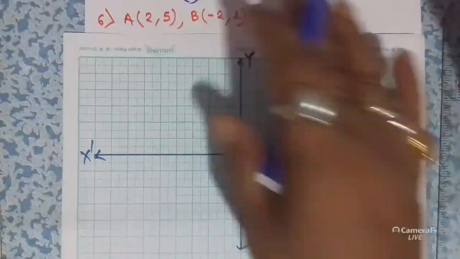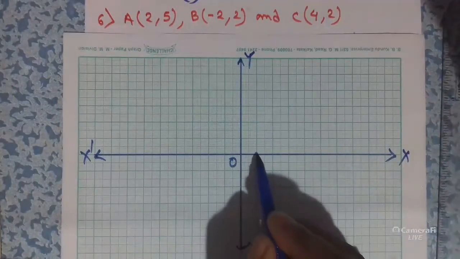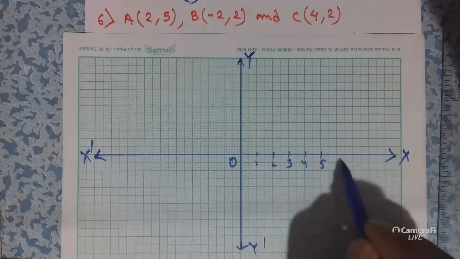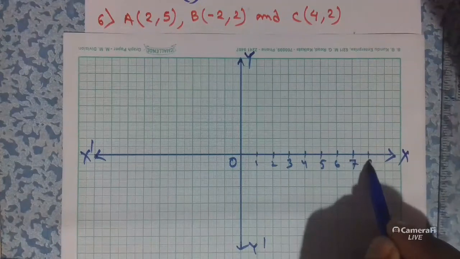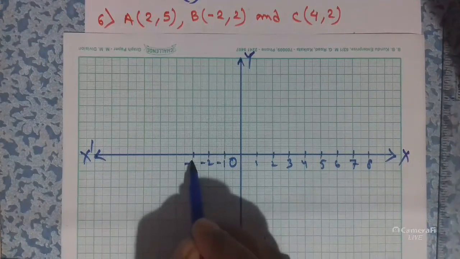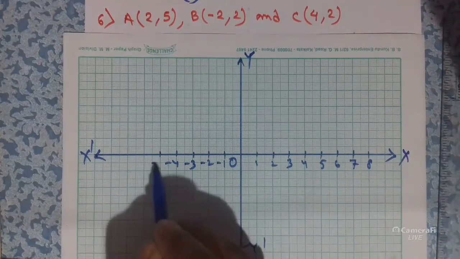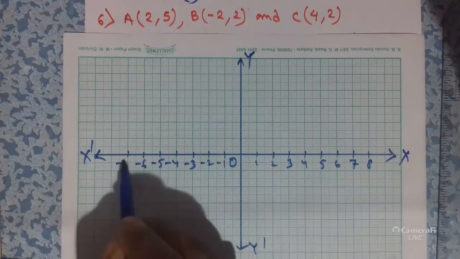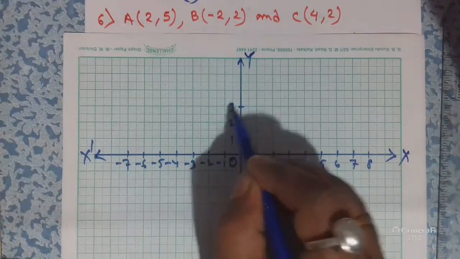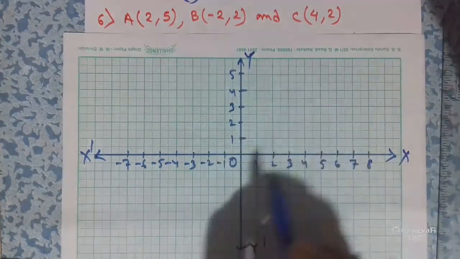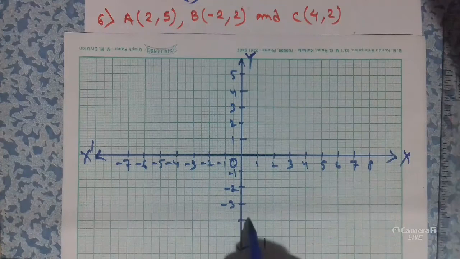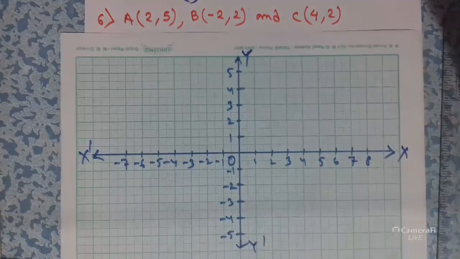Now before that we have to write the points 1, 2, 3, 4, 5, 6, 7, 8, and to the left hand side minus 1, minus 2, up to minus 7. And on the y-axis 1, 2, 3, 4, 5, and minus 1, minus 2, minus 3, minus 4, minus 5.